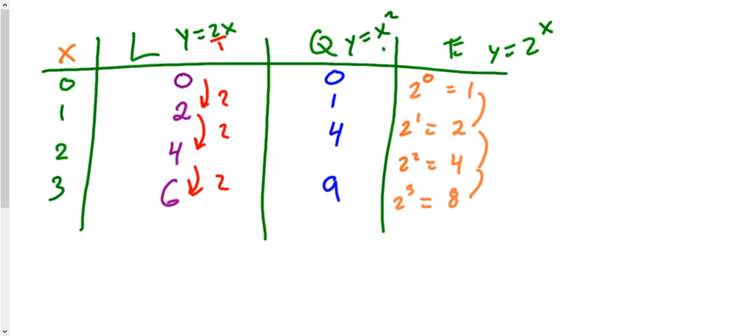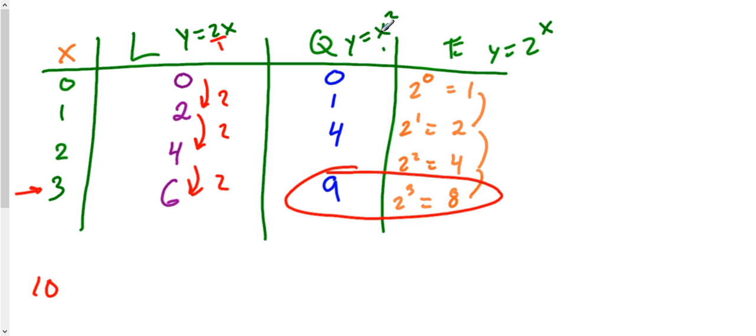Even though right now we're like, cool, quadratic is more than the exponential when x is 3. But if I were to plug in 10, 10 squared gets us 100, that's cool. But 2 to the 10th, I'm not 100% sure, so let's find out, is 1024.